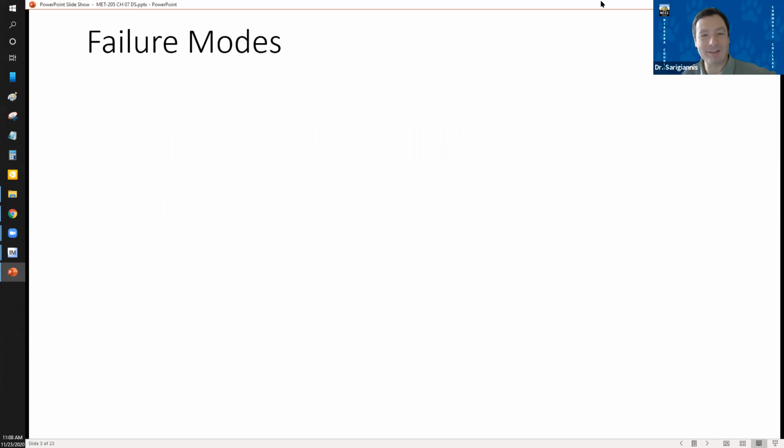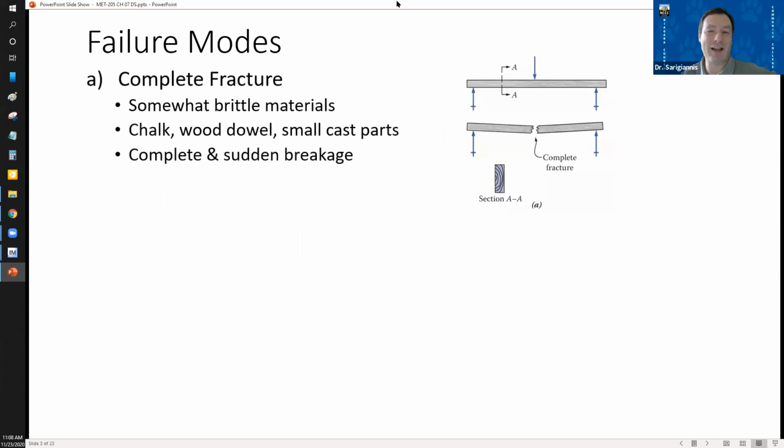All right. I made this one fancy the other night. So let's look at some of the failure modes. This is a complete fracture, right? So something you see on like a wood beam, or they actually give you some small cast parts.